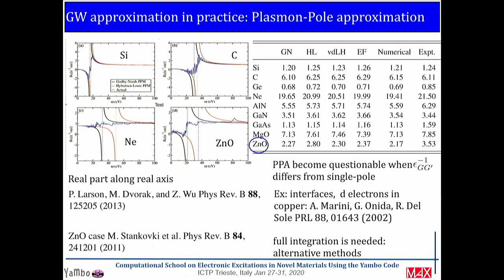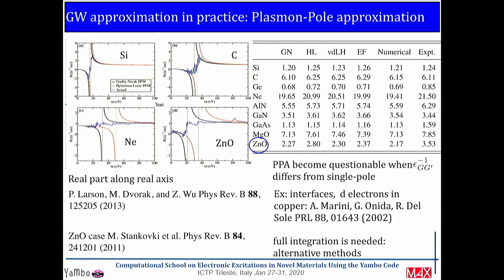It's a bold approximation. In many cases, well, actually not so many, but in some cases, the Plasmon-Pole model fails. For instance, interfaces. For instance, there is a work by Andrea on the electrons in copper, where it is shown that the Plasmon-Pole approximation is not suitable. And in this case, full integration is needed.